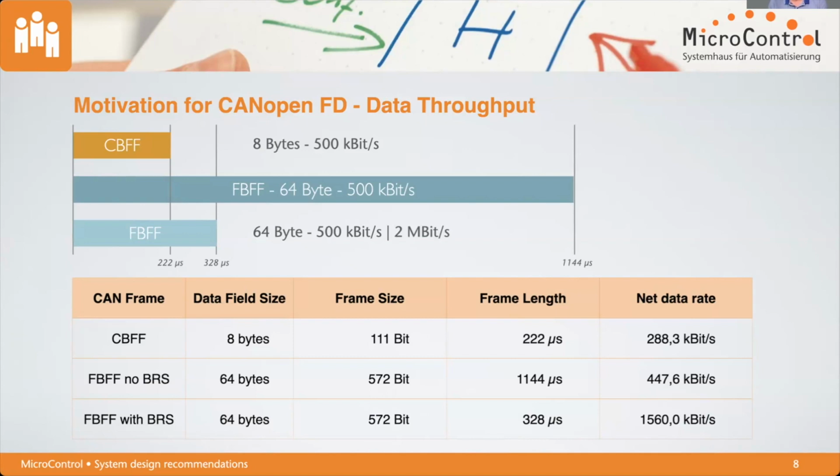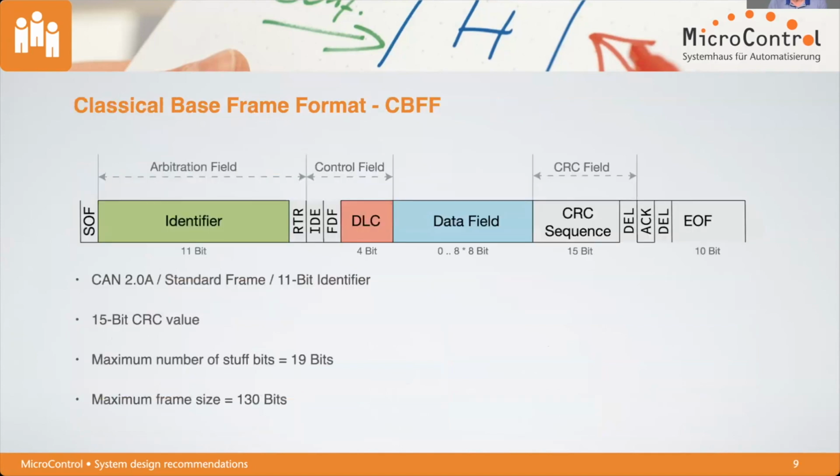Now if we introduce bitrate switching, that leads to my frame having a total length of 328 microseconds, and I get a net data throughput of roughly 1.5 megabit, which is more than 5 times the speed of classical base frame format. So this is the major point why people may think data throughput, that's it, and we switch over now to CAN FD and make CANopen FD.